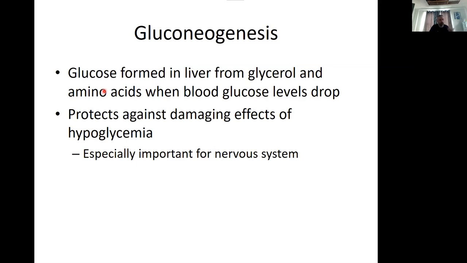So glycerol in particular can be turned into glucose. Basically, the idea here is we're manufacturing new glucose, new genesis, making glucose when our blood glucose levels are dangerously low. And again, one of the problems is that your nervous system can't do anything other than use glucose. So you can die, which is an option, or you can cobble together some emergency glucose from spare parts when you need it. That's what this is all about.